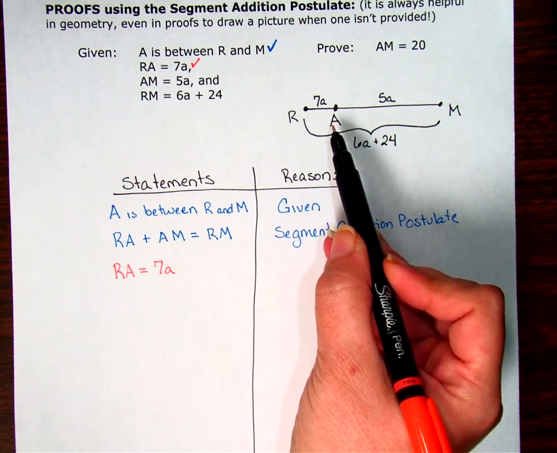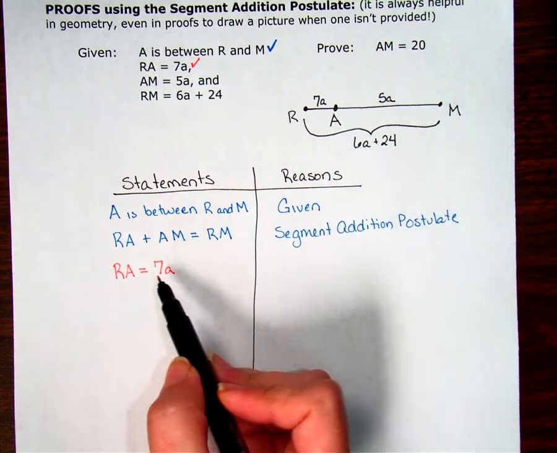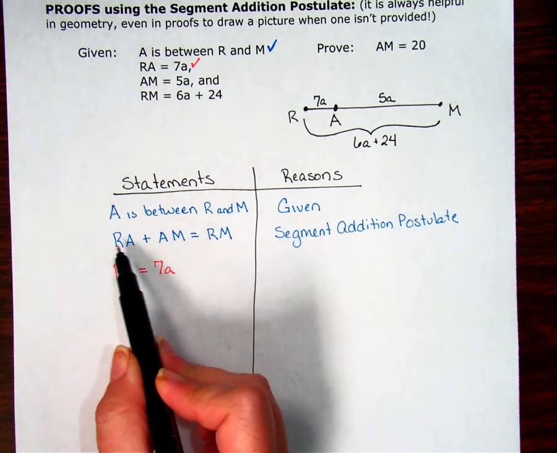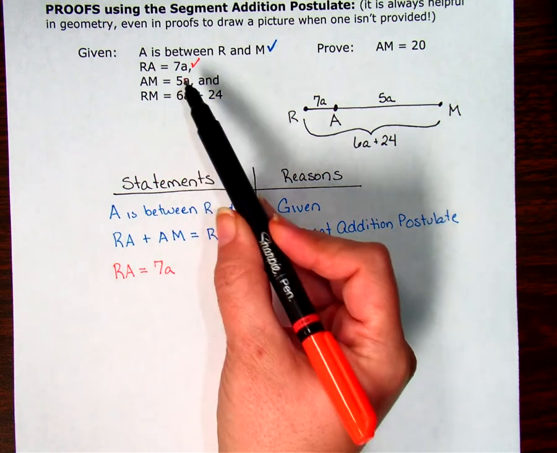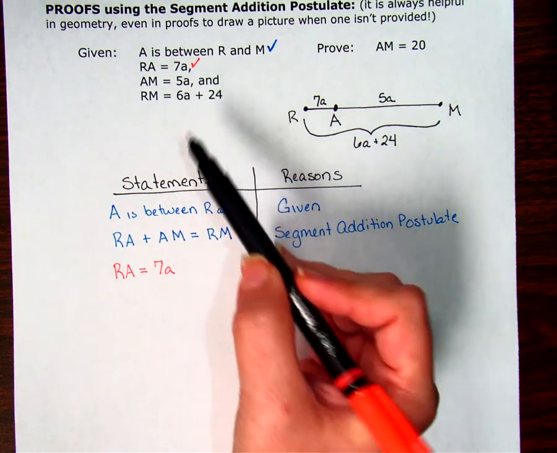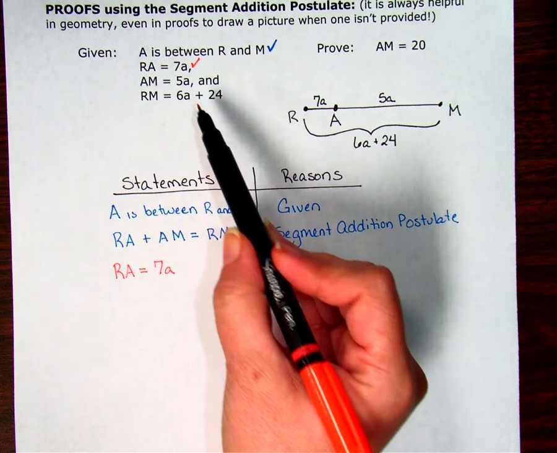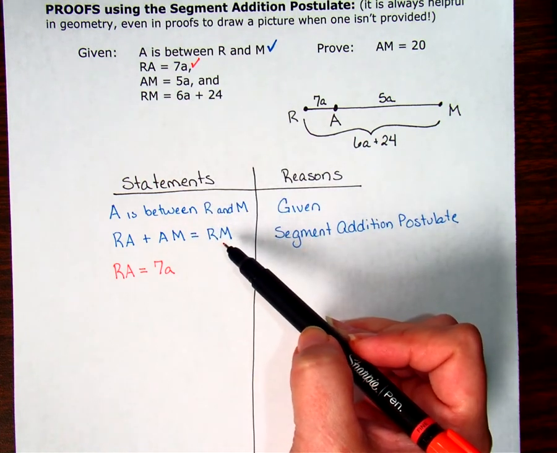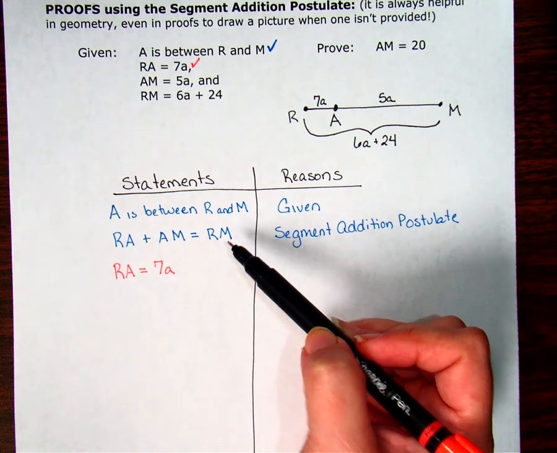Now, at this point, I could do substitution, because RA equals 7a, I could substitute it in right here. But since I can also look ahead and see I'm going to want to substitute in AM and RM, I'm going to write my other two givens so I can do all my substitution at one time.